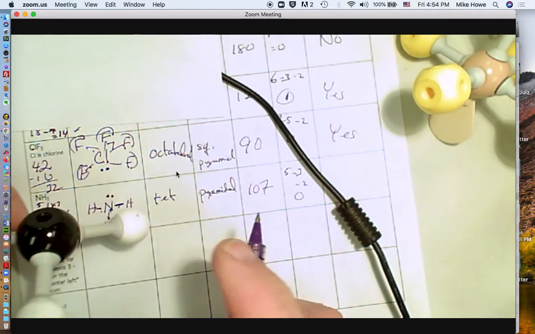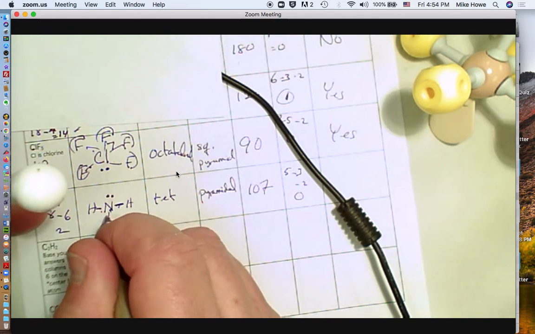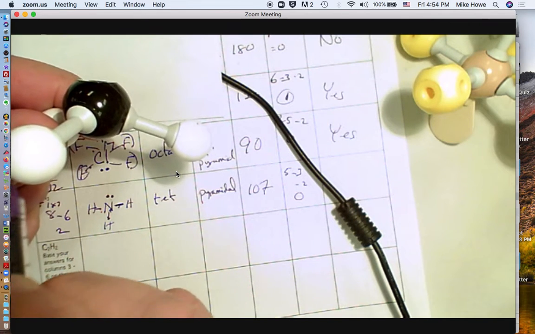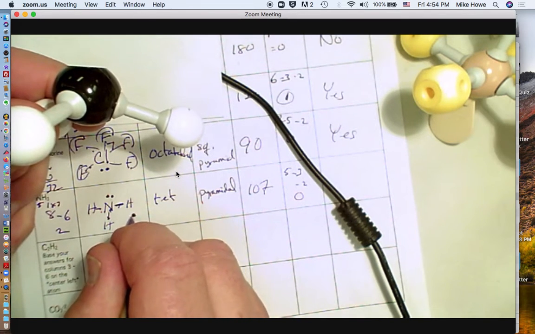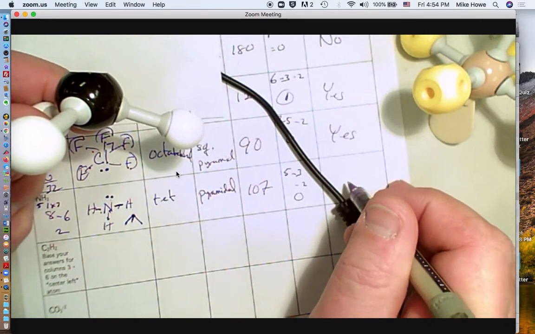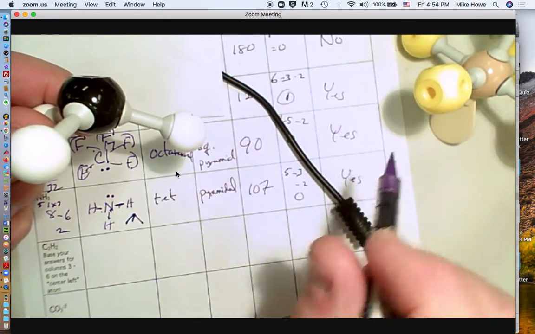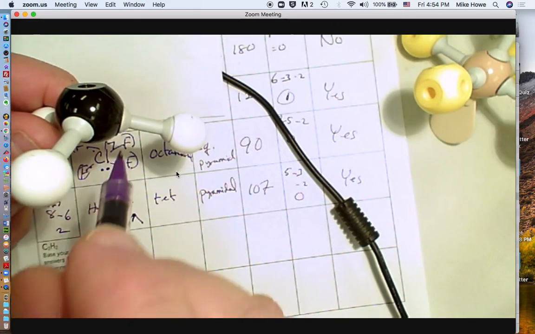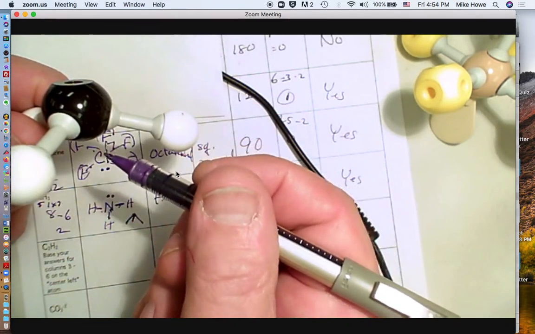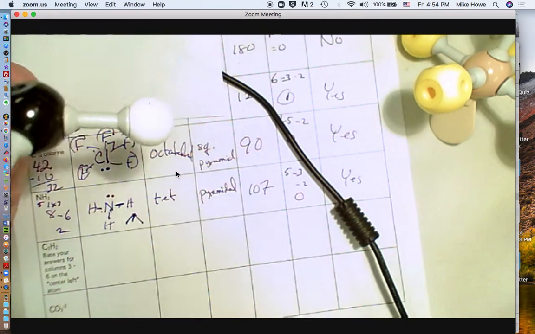So the charge is going to be skewed upward in this case because the nitrogen is more electronegative. So it goes into this 3-dimensional shape, so it looks like that. You don't have to draw this on this quiz, but you have to understand it for this part. So that means, yes, it will be polar because the electrons are going to move toward the nitrogen, and this end of the molecule will be negative and it'll be positive down here at the bottom.